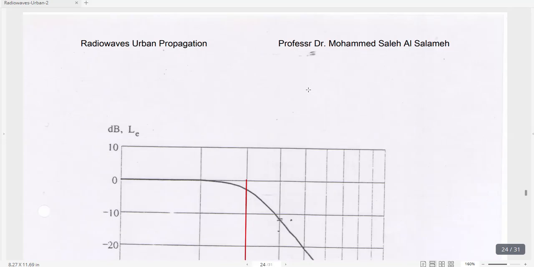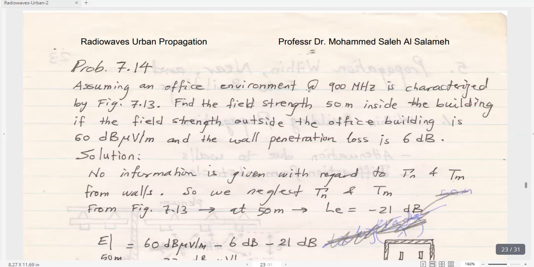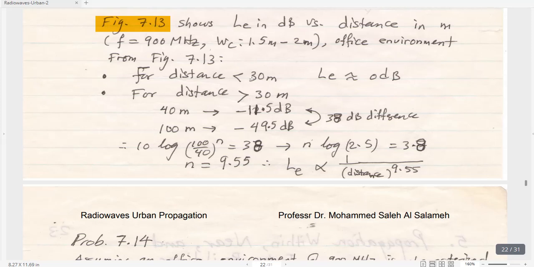This is summarized here. For distances less than 30 meters, the excess loss is almost 0 dB. Of course, there is free space loss plus the excess loss, which is 0. So the loss will be only free space.